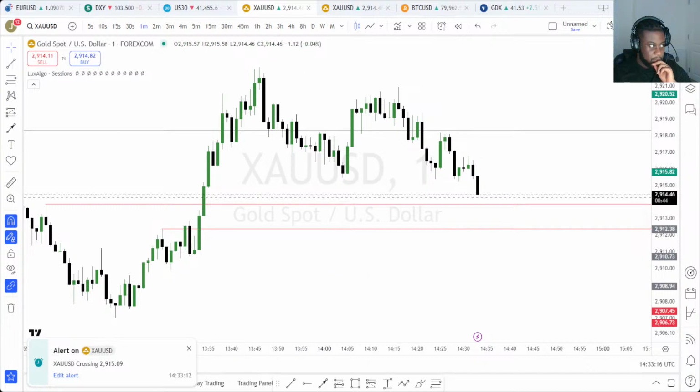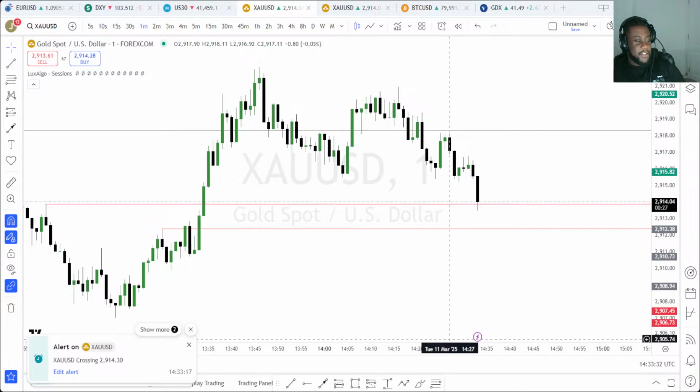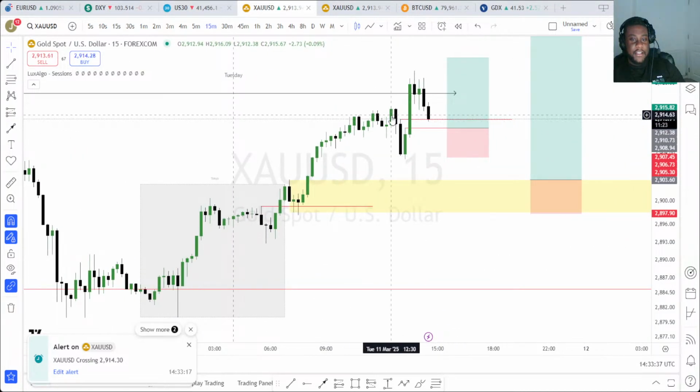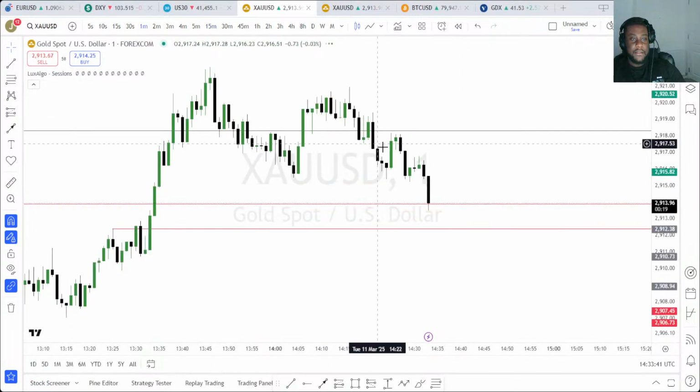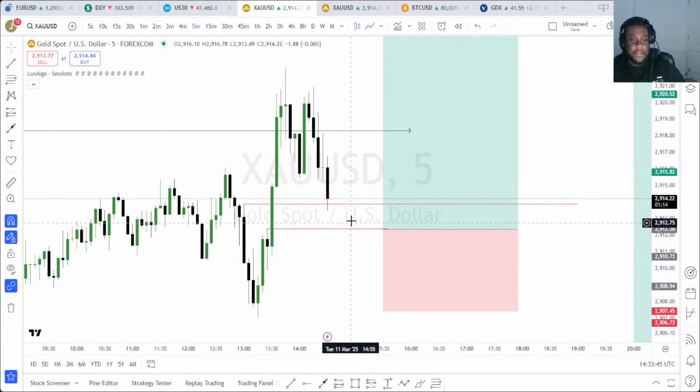All right, we're currently getting a move down now. Right, so now that we're inside of that 15-minute area for gold, yeah. Sorry about all the noise, fellas. Now that we are inside of here, ideally we want a little bit lower in terms of our entry that we're looking for, which is this 5 minute area.